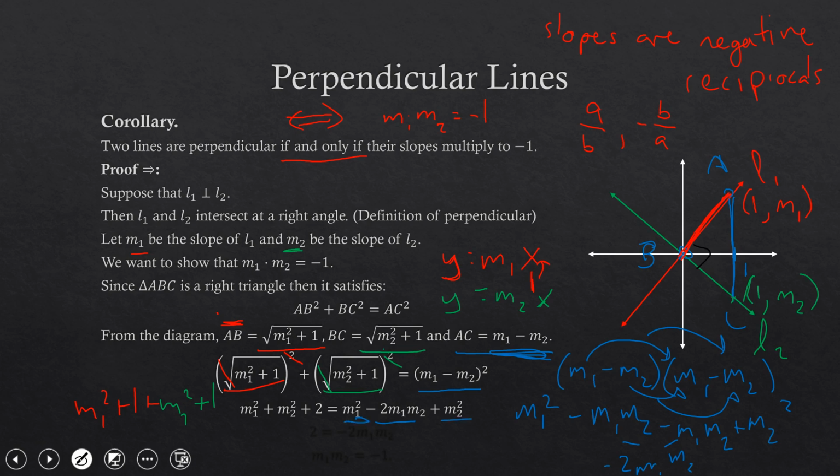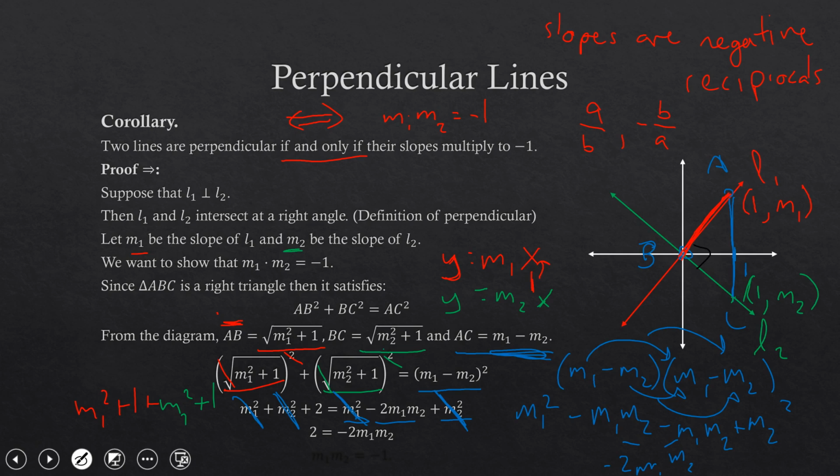All right, so we're close. We have m1 squared on the left and m1 squared on the right, so we can subtract that from both sides. Likewise, we have m2 squared on the left and m2 squared on the right, so we can subtract that from both sides. So that's going to give us this equation. 2 equals minus 2 m1 m2.